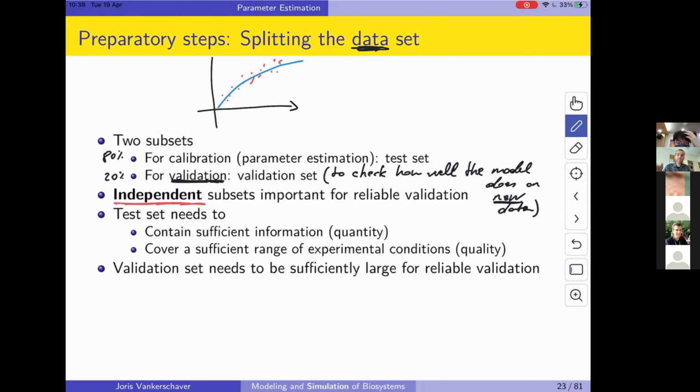And now if you just take the data from that gut microbiome sample and you naively split it into 80% calibration and 20% validation, then chances are that your two data sets are not going to be independent. It might be that there's a lot of E. coli in both the calibration data set and in the validation data set.